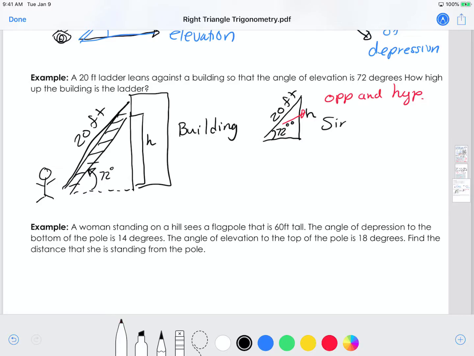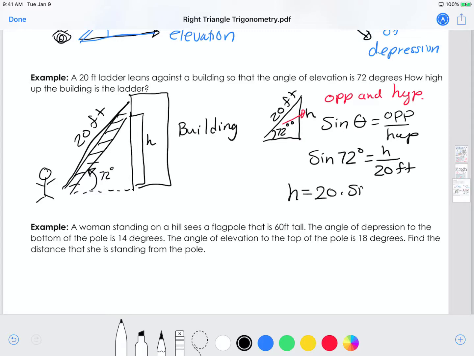I know that sine of the angle of elevation is going to be the opposite over the hypotenuse. So the sine of 72 degrees is going to be the opposite, which is what we're looking for, which is side H, over the hypotenuse, which is 20 feet. So in order to solve for H, the height up the side of the building, I'm going to have to cross multiply. So I'm going to get 20 times sine of 72 degrees.